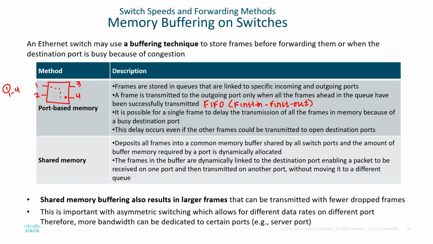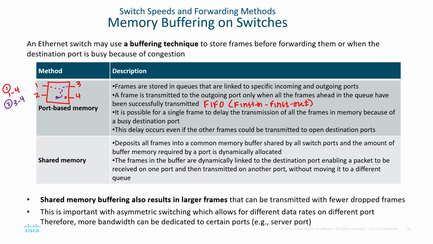Now, coincidentally, 3 also wants to speak to 4. So 3 creates a virtual circuit, and it lines up right behind port 1. So 3 has to wait for 1 to go FIFO before it can be next in line. So that is a port-based example.